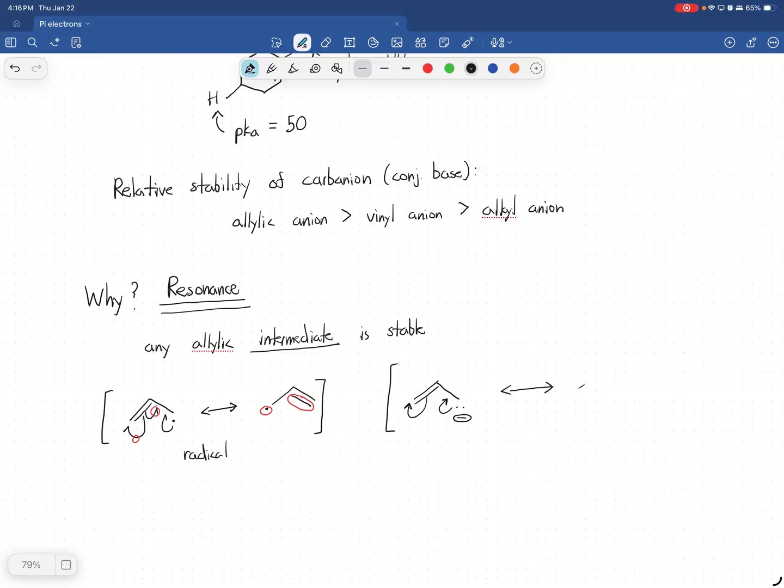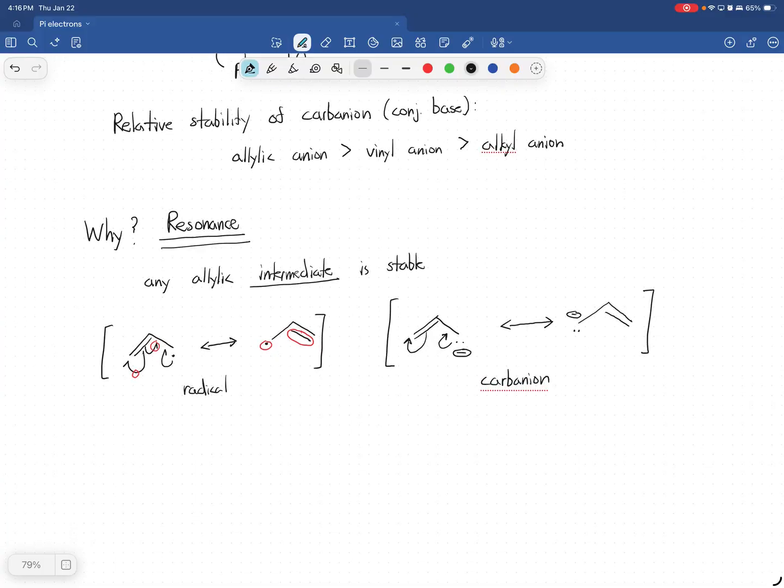So now the double bond is on the left-hand side. So this will be my carbanion. So this reactive intermediate is stabilized by resonance. Okay.